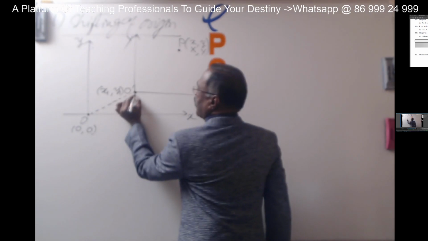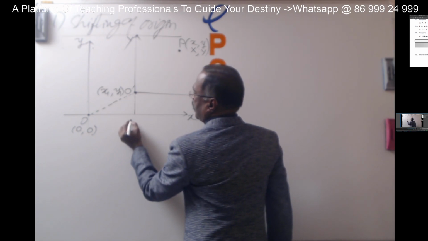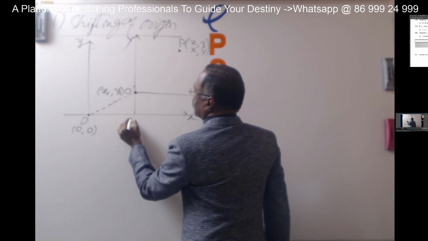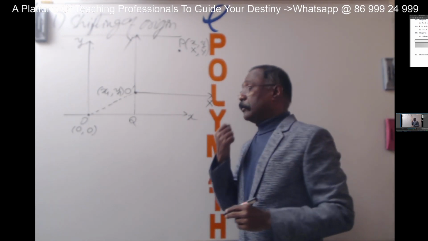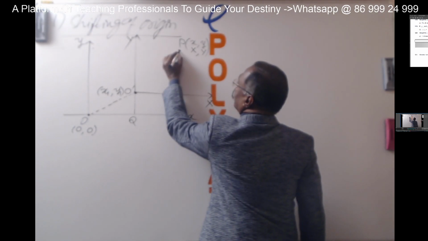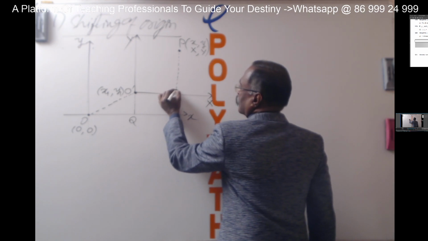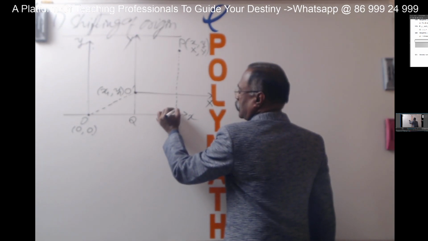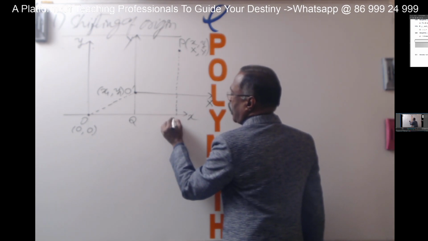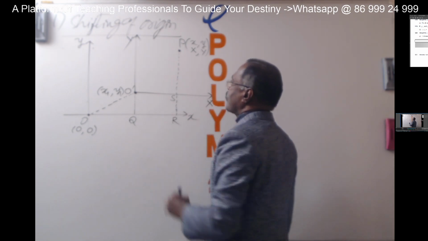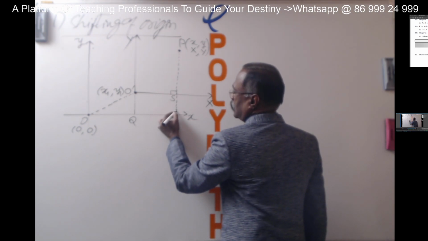Now let me drop a perpendicular from O dash. Let it be some Q. Let me drop another perpendicular from P onto the new axis and original axis. Let me name these P, Q, R, S. Just understand. This is the perpendicular.